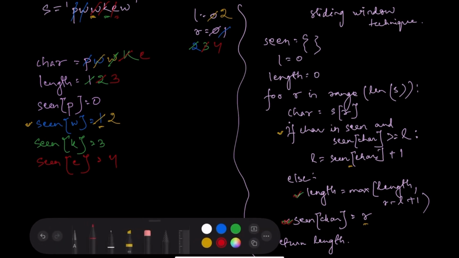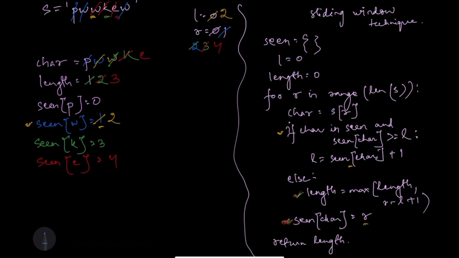Now we have encountered another w. So our r would be right now 5. Our character would be w, and we would check this condition if our character is present in the hash map.